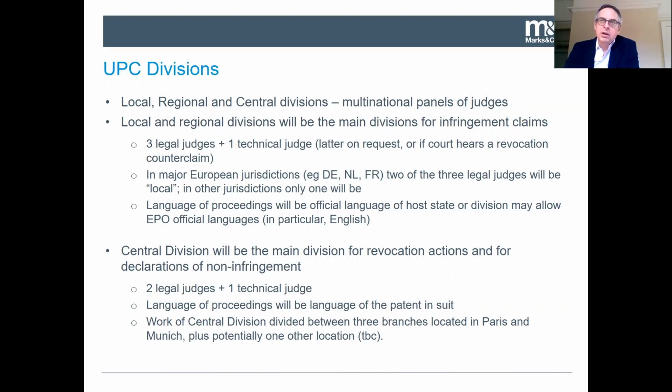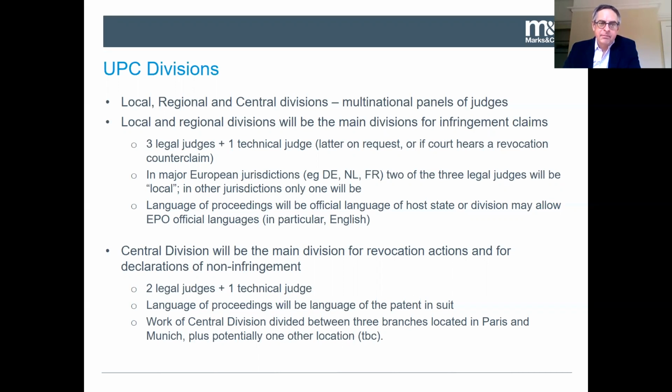If you're looking at a country which doesn't have such a developed patent court regime, then there will be 1 local judge and 2 other judges of other nationalities. In the local divisions, the starting point is that you will have 3 legal judges, and that could be increased to 4, in particular if there is a counterclaim for revocation of the patent and the local division decides that it will hear that counterclaim, then it will appoint a technical judge to the panel as well.